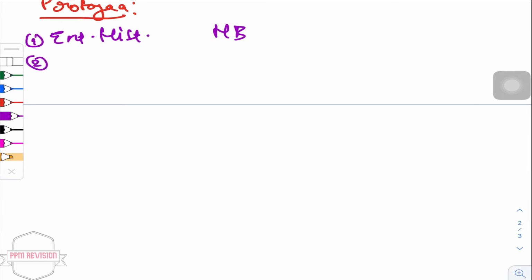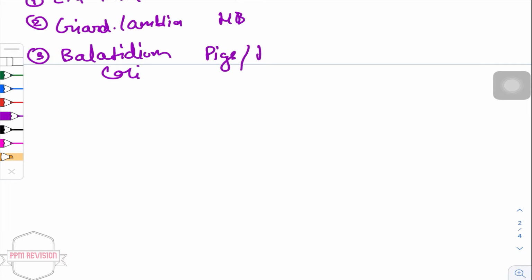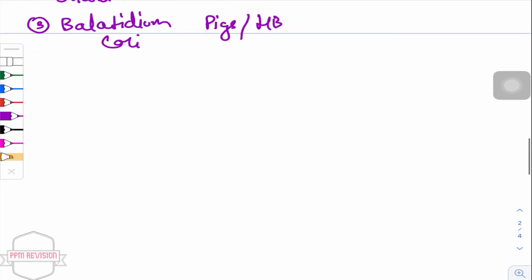Next being Giardia lamblia, this also being in human being. Next being Balantidium coli. Balantidium coli is also in pigs as well as human being. Next there is Trichomonas vaginalis. This is in case of human beings.